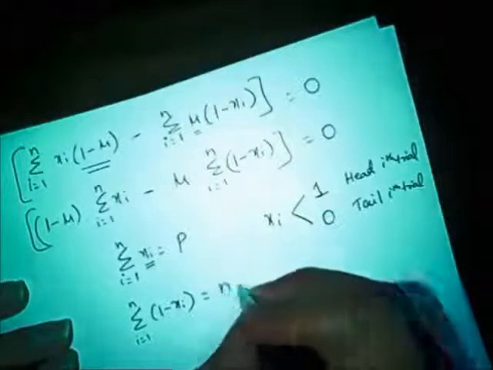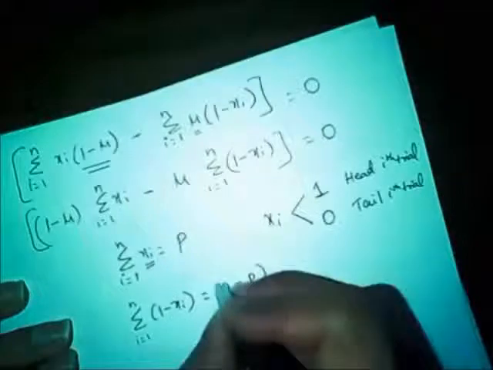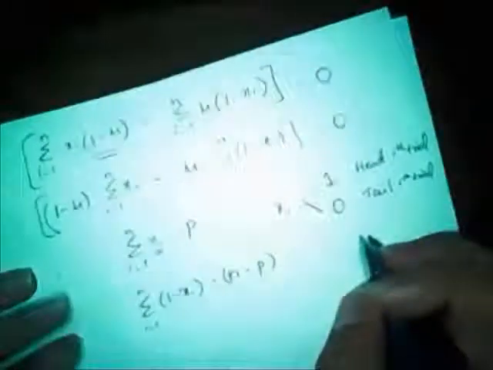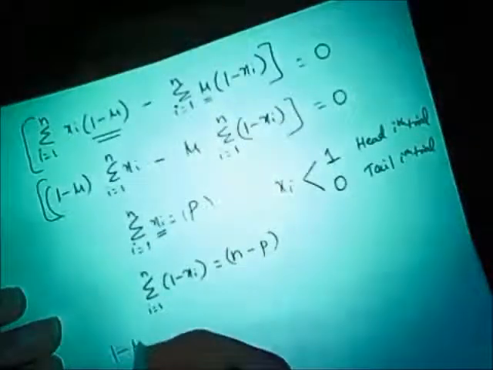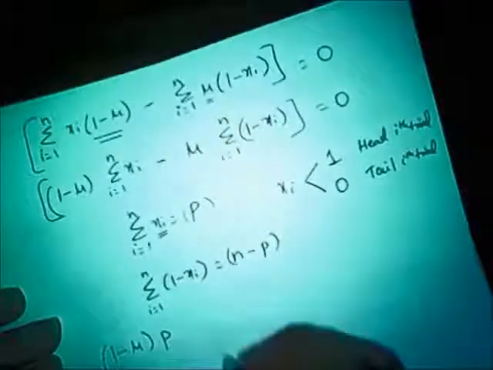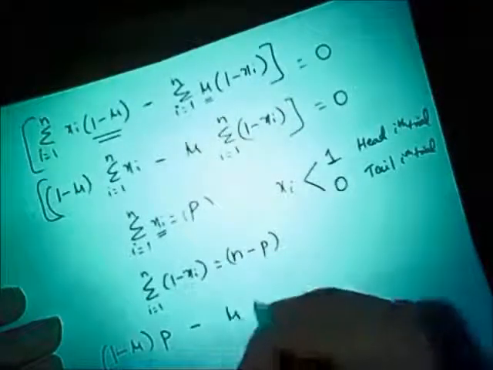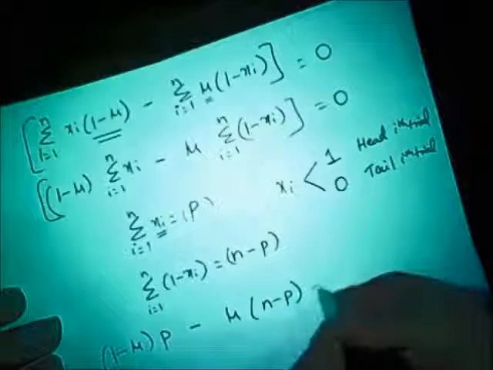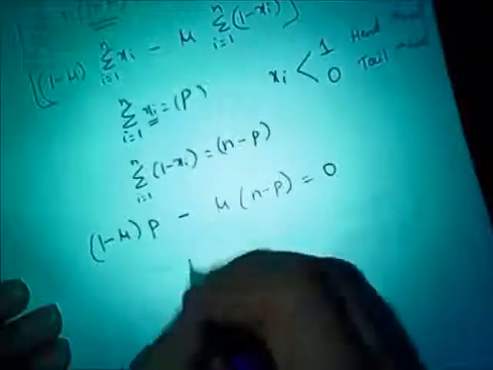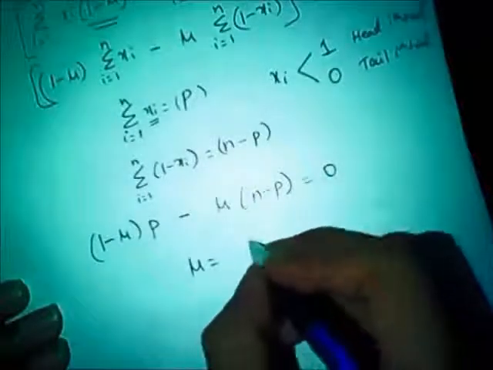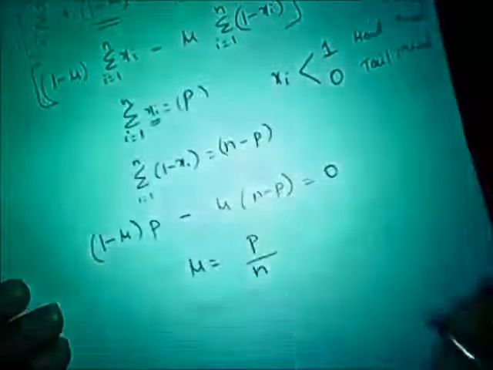So let us call it n minus p. So the summation becomes 1 minus mu times p minus mu times n minus p equals 0. Simplifying this further, we get mu equals p over n.